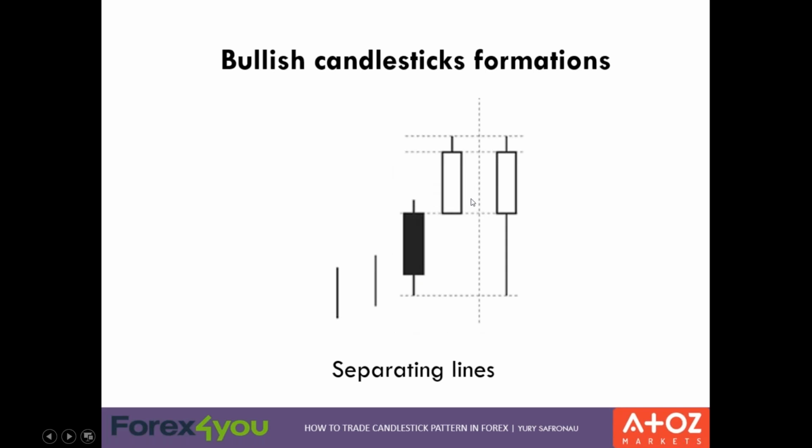Another formation is called separating lines. Basically, this is a bullish candlestick formation, and there was a bullish trend, then a black candle appeared, but even after the black candle appeared, a new bullish candle maintained the previous growth.